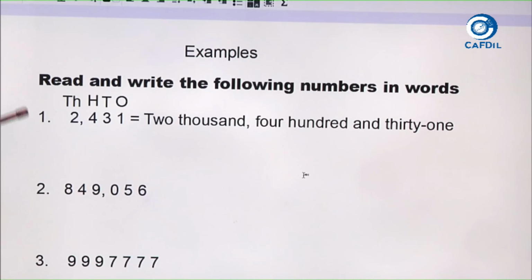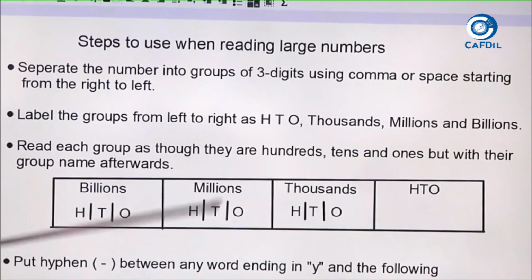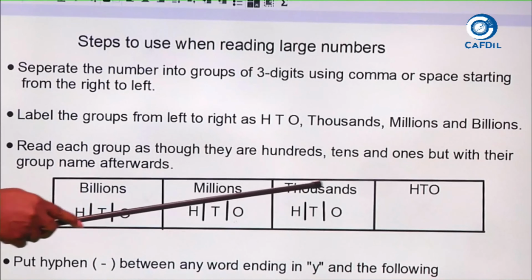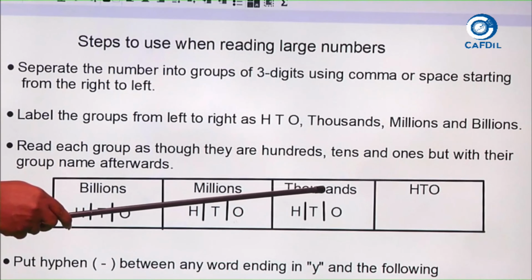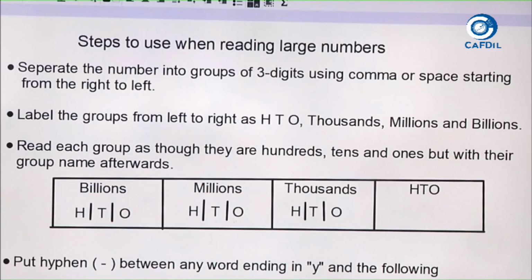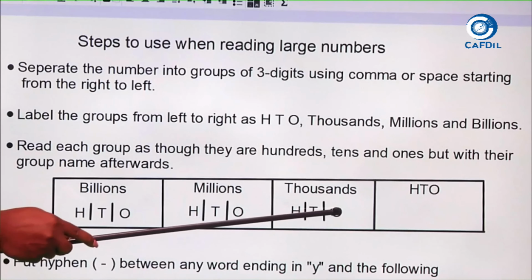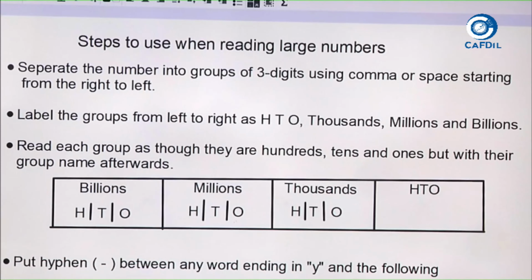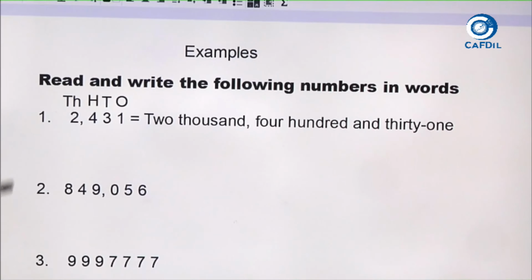With the first demonstration, our thousands column is here. And under the thousands, we have hundreds, tens, and then ones. So let's go back and see. The 8 is hundreds, 4 is tens, and then 9 is ones.